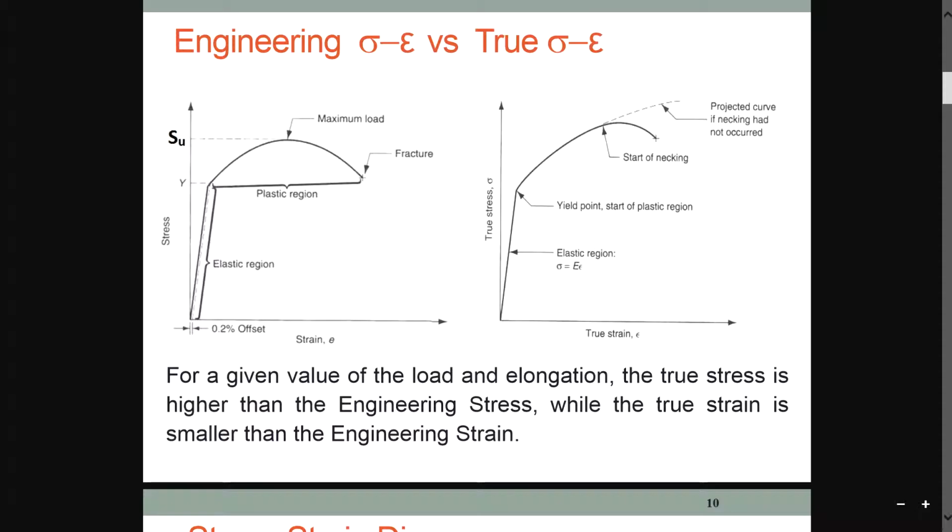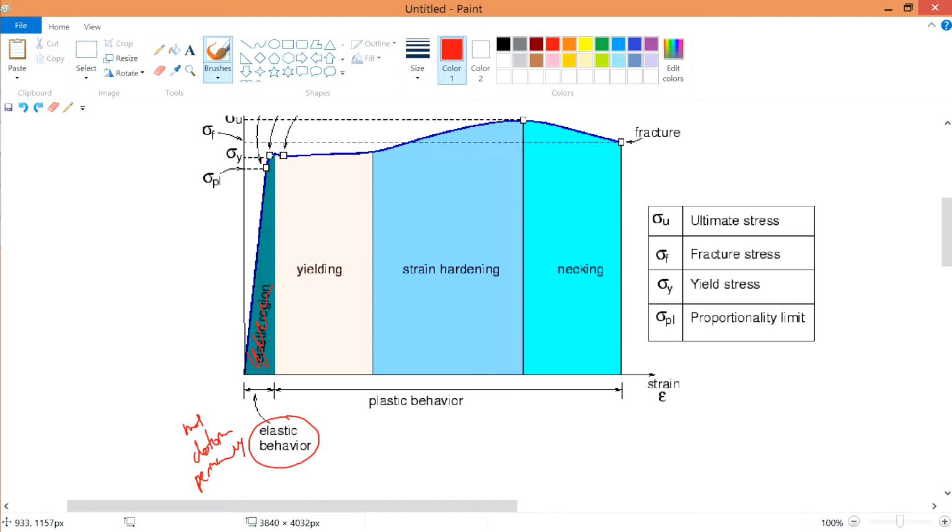Now, what are engineering stress and strain, and true stress and strain? True means that it is reality, it's real. Engineering means that we were just looking at a certain graph to predict when it will fail. When you do prediction in terms of engineering, which is what I have shown you in this graph right here, this is engineering strain and stress.